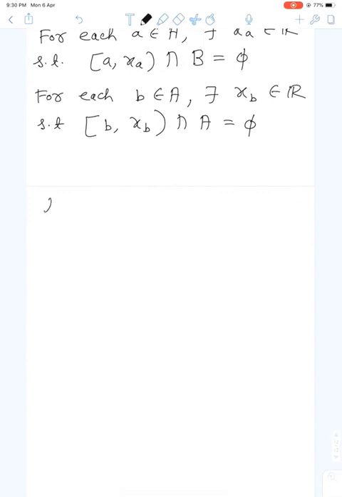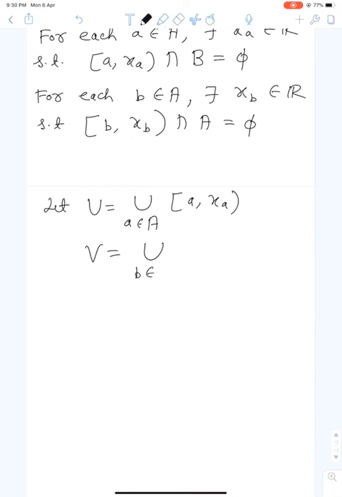Now let U equal the union of all these elements [a, x_a), and V equal the union of these [b, x_b).